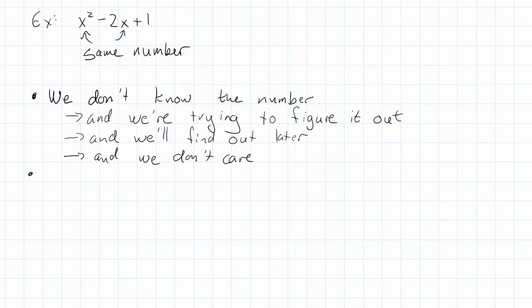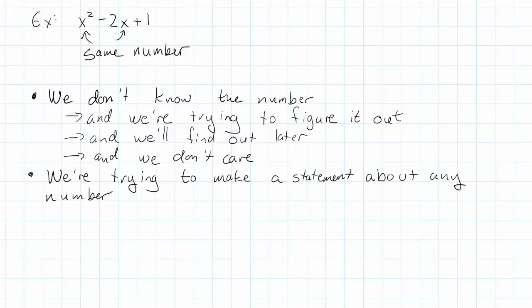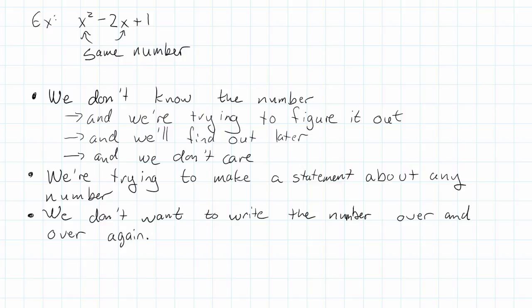Another possibility is that we are trying to make a statement about any number. Maybe the statement we're writing down is a general property of numbers. Or maybe we're trying to refer to just any old number that the statement is true about. The last reason we might want to let a letter stand in for a number is we're about to be writing it over and over again, and we don't want to keep writing our number.